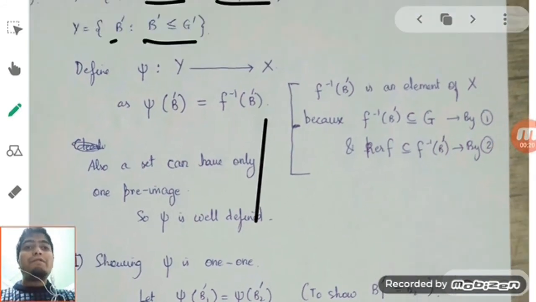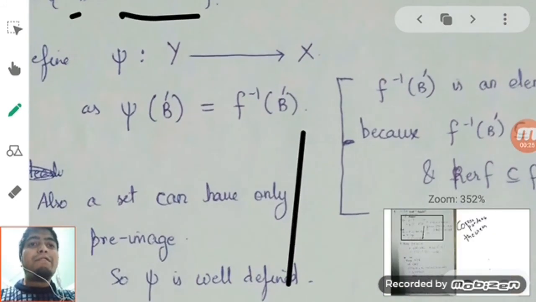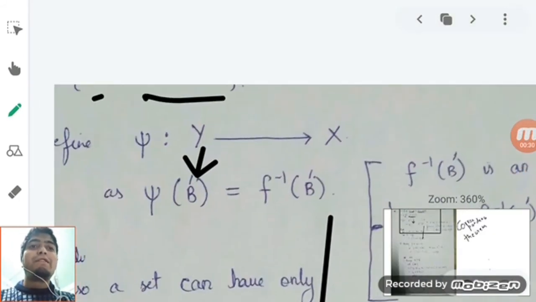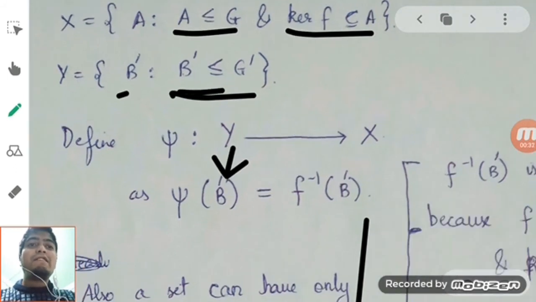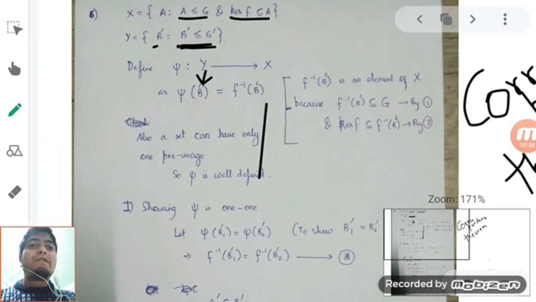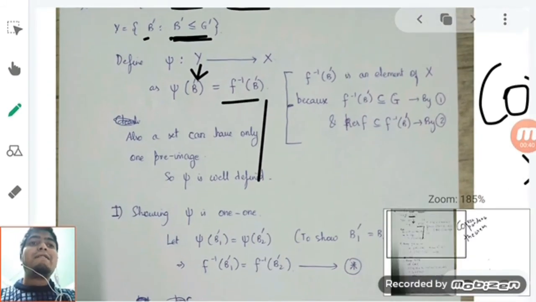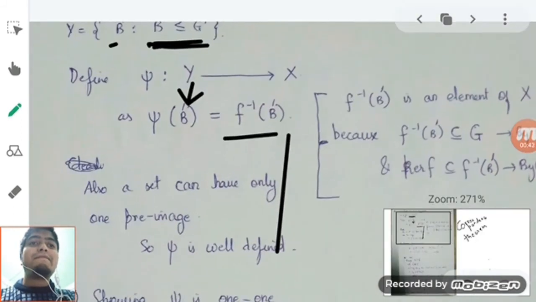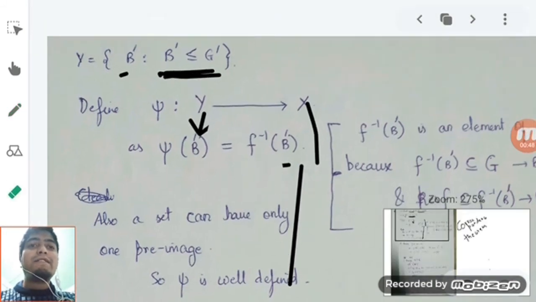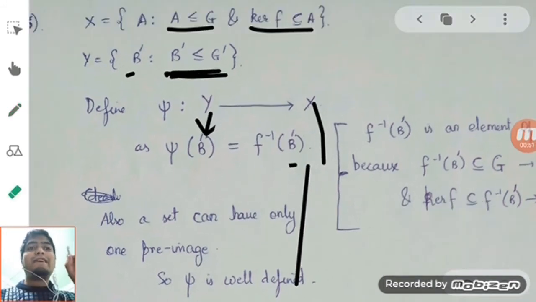We are defining a function psi from Y to X, so we have to take an element of Y, which we have denoted by B dash. B dash will be a subgroup of G dash, that we know. So it should go to an element of X. If it has to be an element of X, it has to be a subgroup of G, and the kernel must be contained in it.